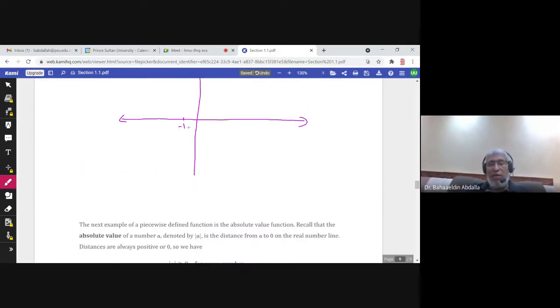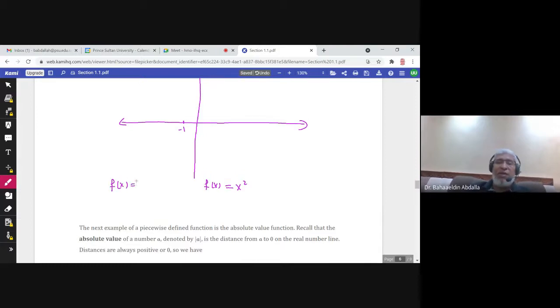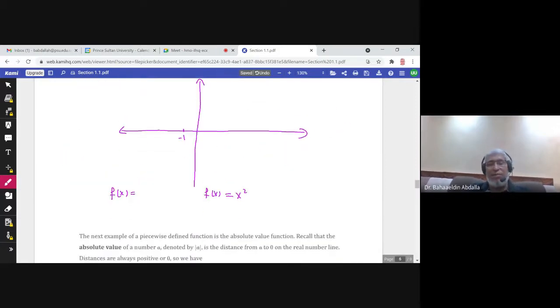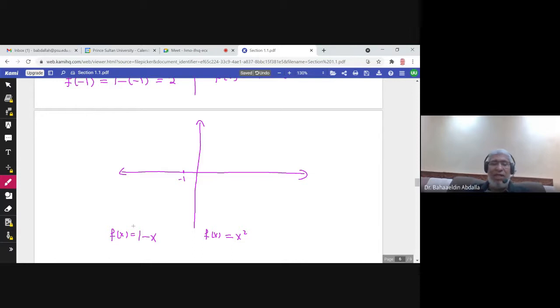So to the right of -1, f of x equals x squared. To the left of -1, f of x equals 1 minus x. So I need to graph the two graphs, this one in this part and this one in the left part.